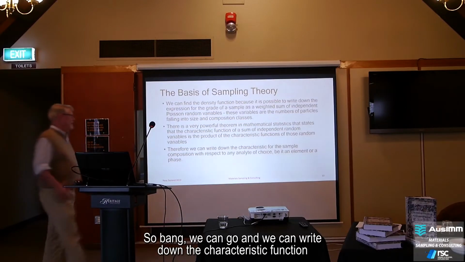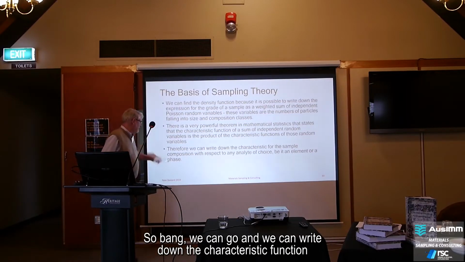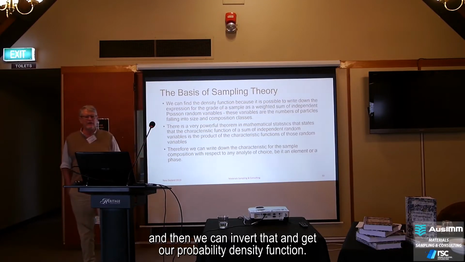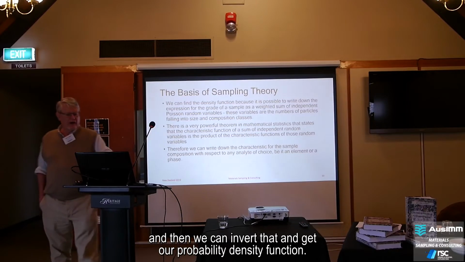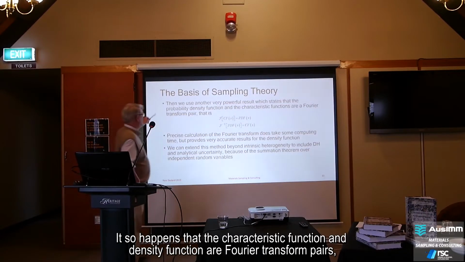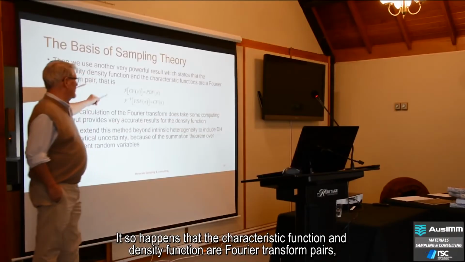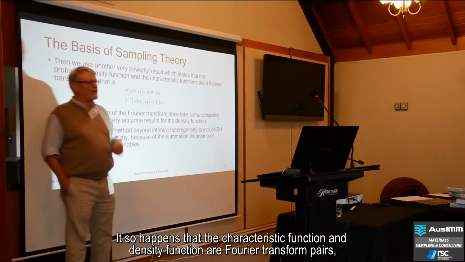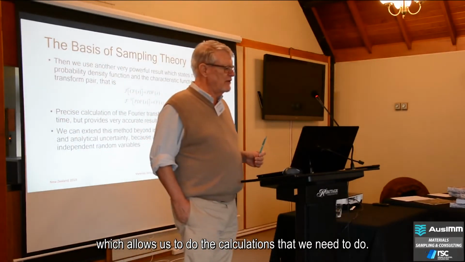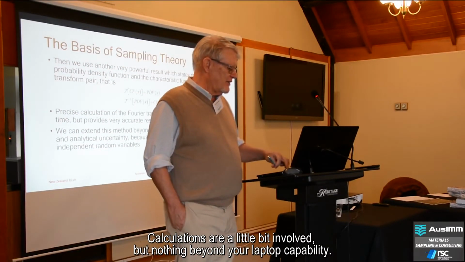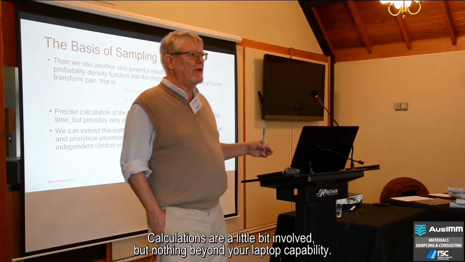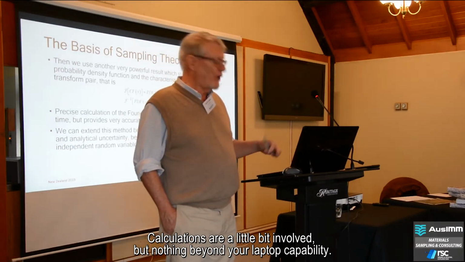So bang, we can write down the characteristic function, and then we can invert that and get our probability density function. It so happens that the characteristic function and the density function are Fourier transform pairs, which allows us to do the calculations that we need to do. Calculations are a little bit involved, but nothing beyond your laptop capability.